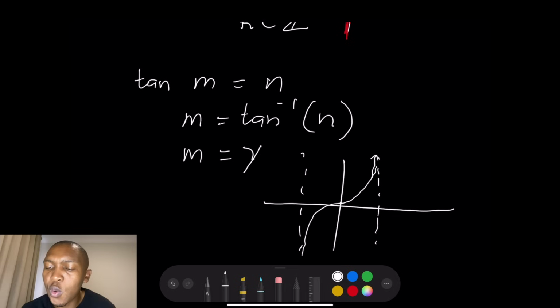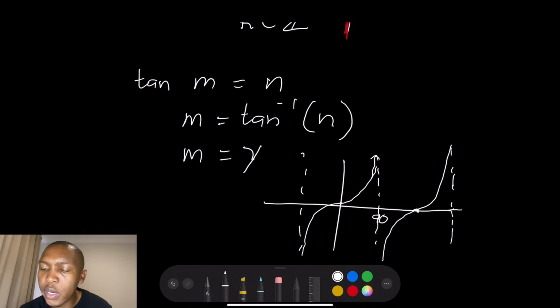So this would be at 90. And then this is 180. And you've got another asymptote at 270, and so on and so forth. Now what you'll notice is that the tan graph repeats itself at every 180 degree cycle.